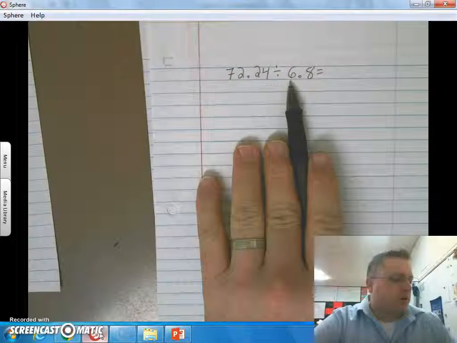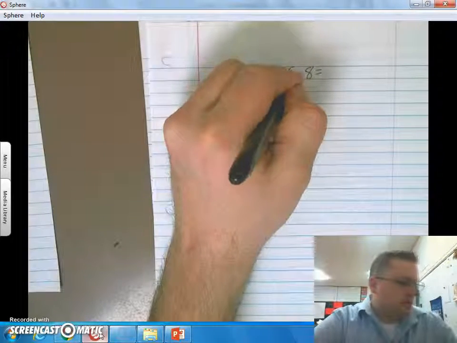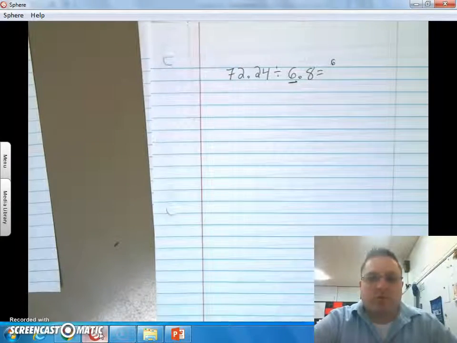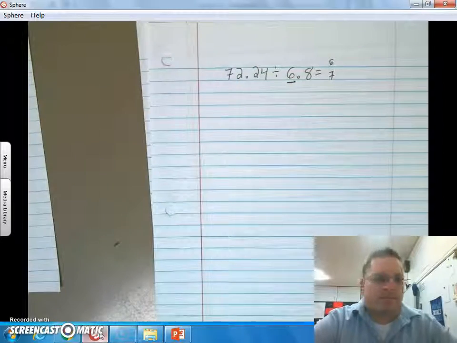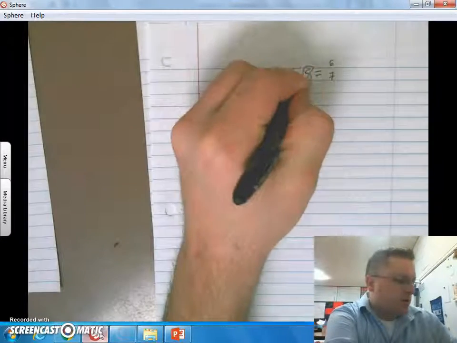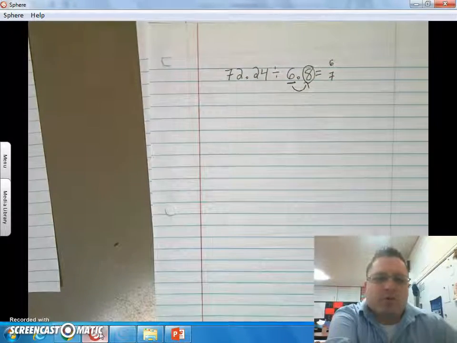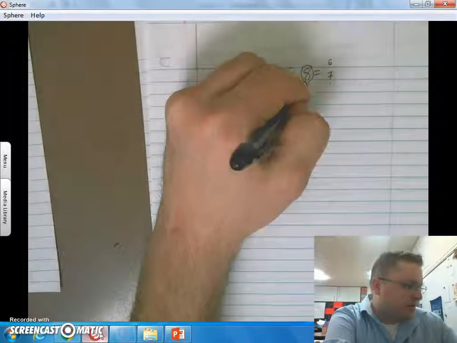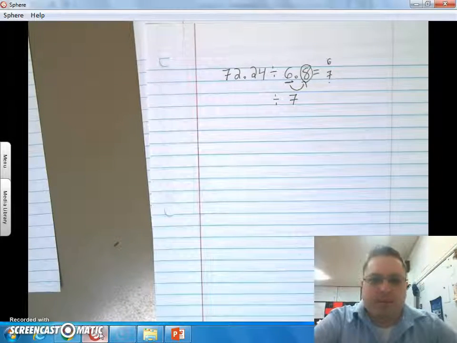Well, here's the ones, tenths. So the ones is bigger. So 6 can either become a 6 whole or 7 whole. We look at the place value next door. It's an 8. So 6.8 is closer to my 7. We round it up.